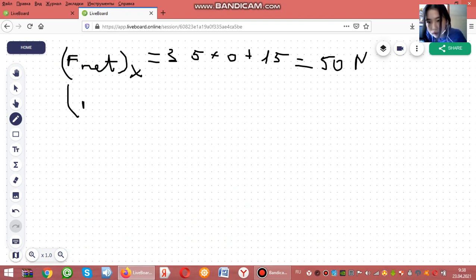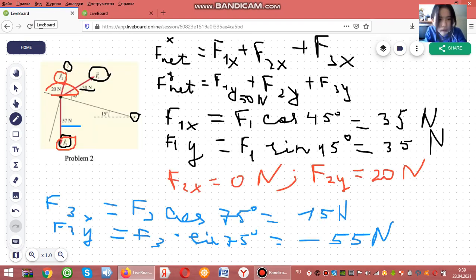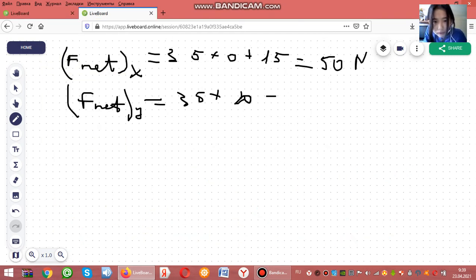And what about the y? Net y equal to 35 plus 20, and here we have negative number minus 55, so it will be 0 actually.